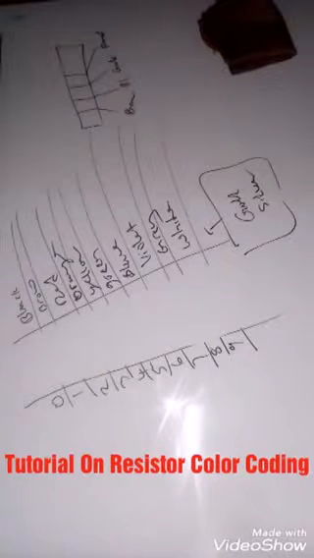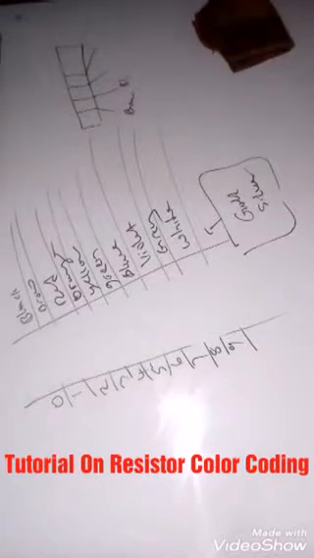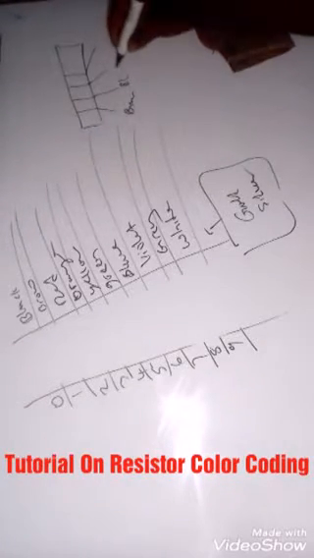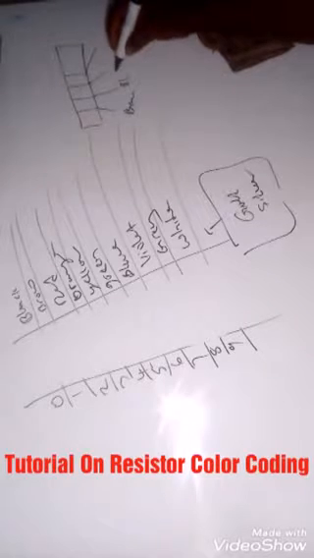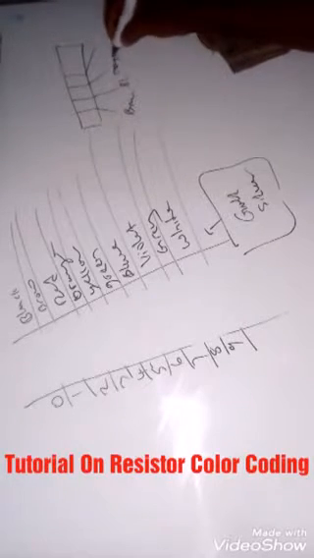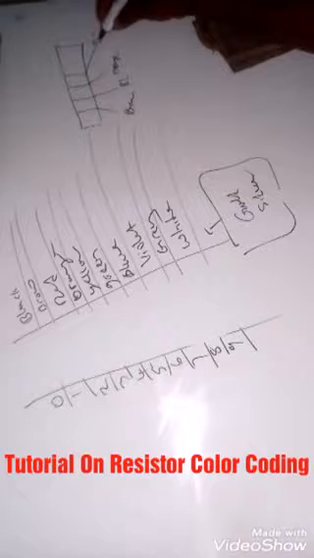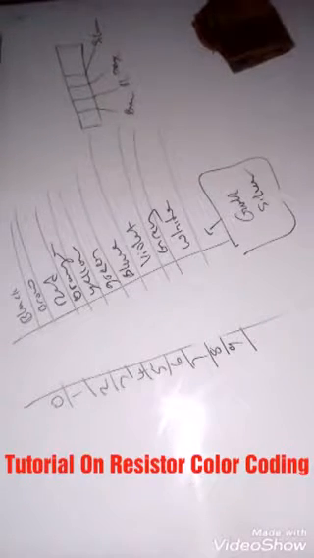Another thing we need to know is, while calculating the resistor, we will have to put down the first 2 colors the way they are, and then the third color we have to convert into its corresponding number of zeros. Let me explain. Imagine we have brown, black, orange, and silver as the tolerance color.